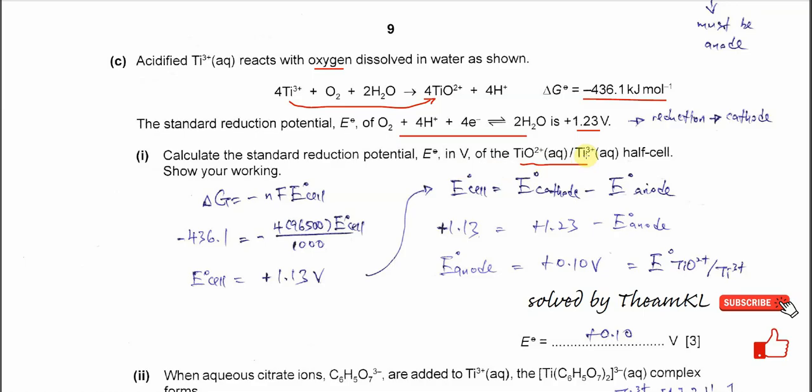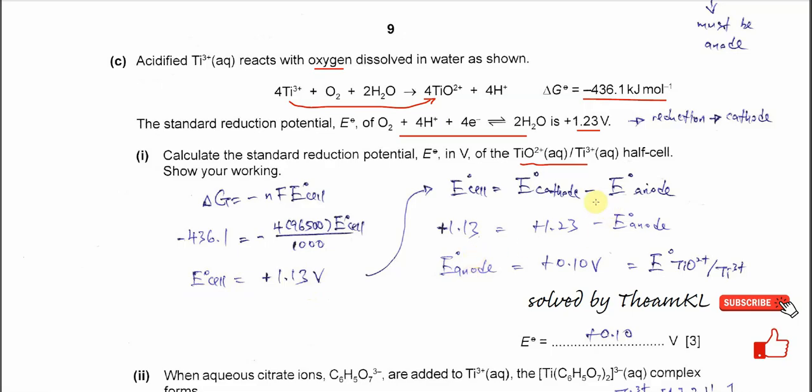So first, you need to get the E0 cell, the standard potential for the whole cell, right? After that, you need to use this E0 cell to calculate the E anode.